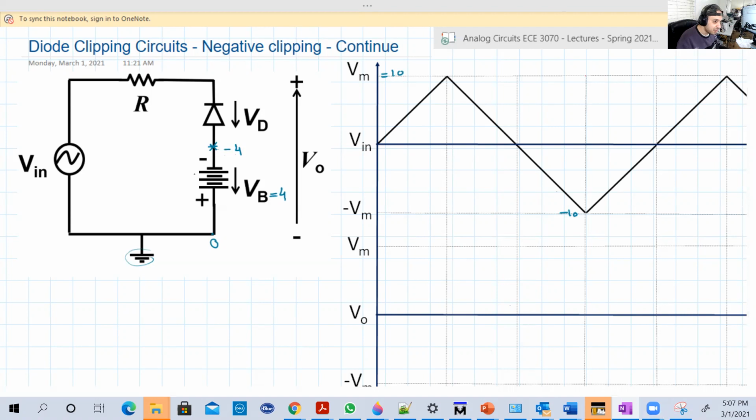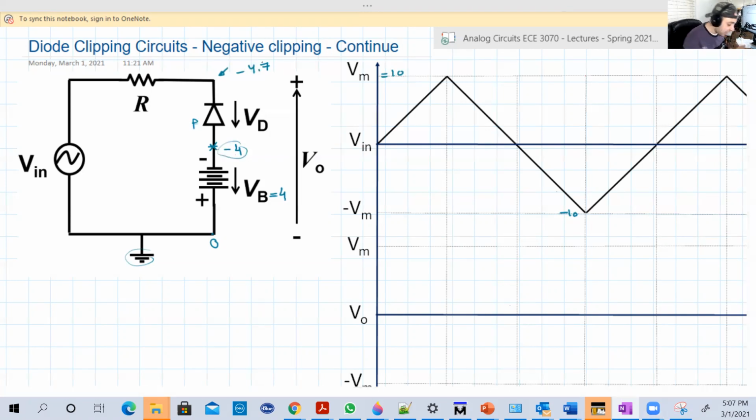Now look at the diode. The diode has the P terminal connected to minus 4. In order for that diode to conduct, this node here must be minus 4 minus 0.7, so minus 4.7. Why? Just subtract them from each other.